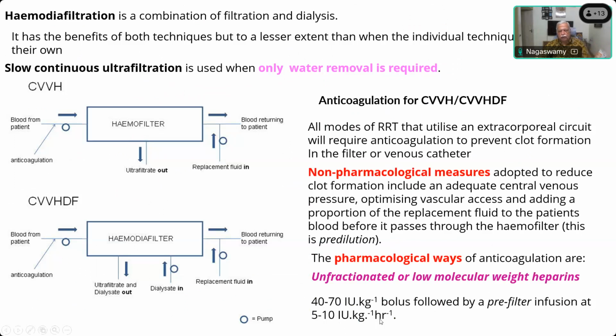So I showed you in the earlier picture, there was a pump to infuse heparin before the blood enters the filter, where it should be anticoagulated so that it doesn't clot in the semi-permeable membrane of the filter. So this is the first method.